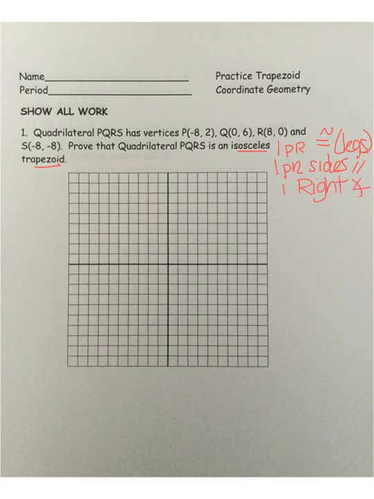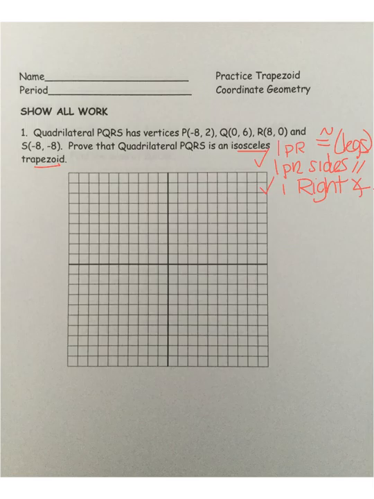So I'm using slope twice in order to show that we have parallel sides, in order to show that we have one right angle, and we also are probably going to use the distance formula in order to show congruent legs, or you can use the distance formula if you should choose.